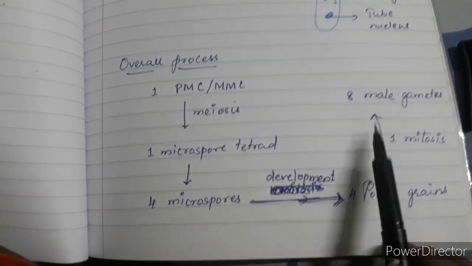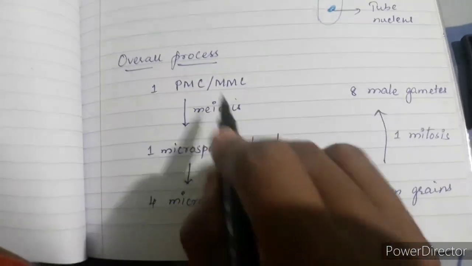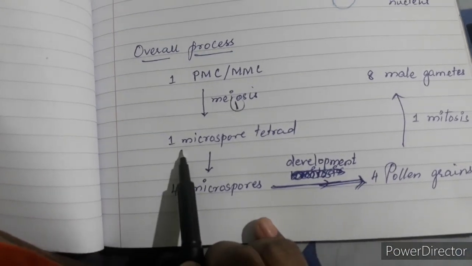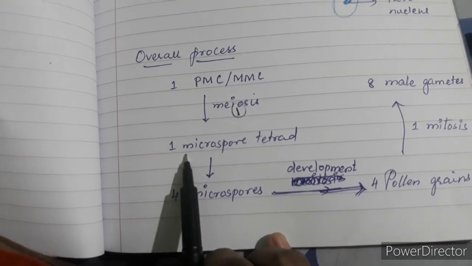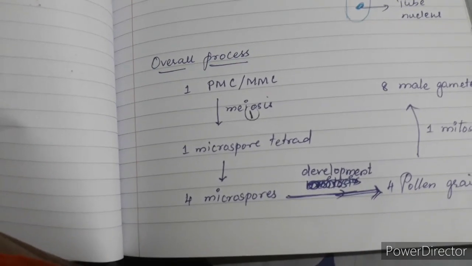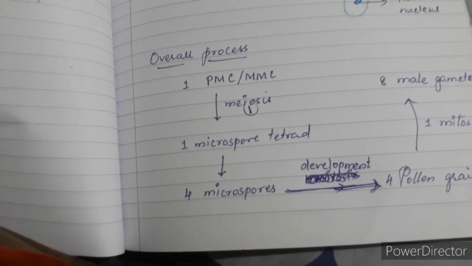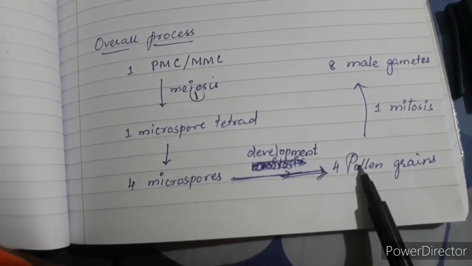Say, for example, you are starting with one pollen mother cell. One meiosis is going to happen. That results in the formation of one microspore tetrad. In this tetrad, 4 cells are together, that is why it is called a tetrad. So 4 microspores are formed from that. That will develop into 4 pollen grains.